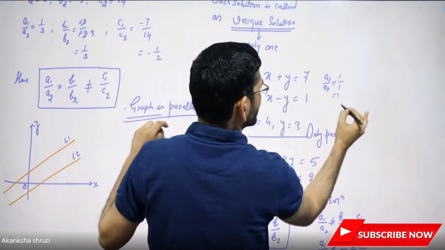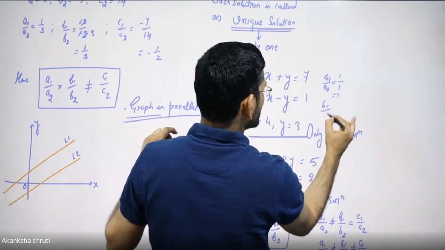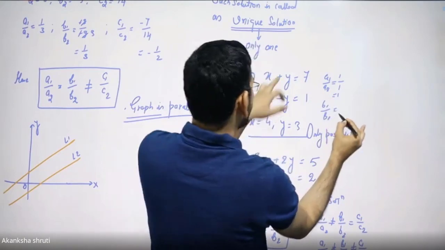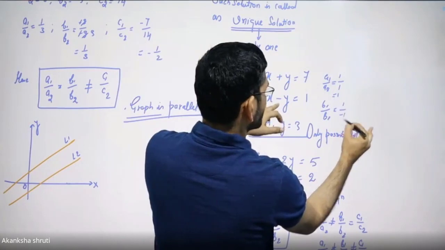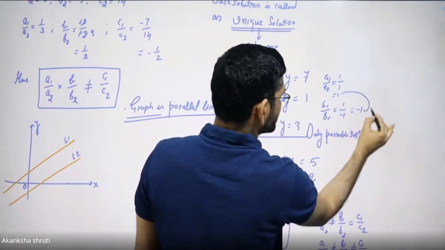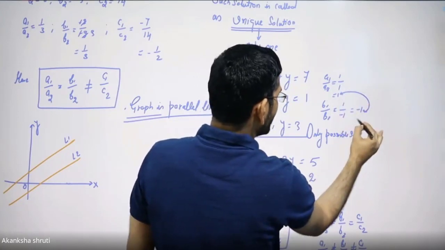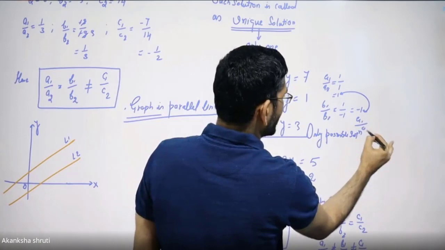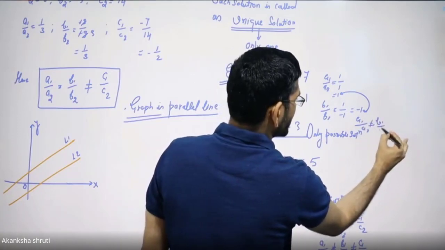It is 1. If we take b1 by b2, our b1 is plus 1, the coefficient of y, but b2 is minus 1. This is minus 1. Now, can this one be equal to minus 1? No, these two are different. So they simply indicate a1 by a2 is not equal to b1 by b2.